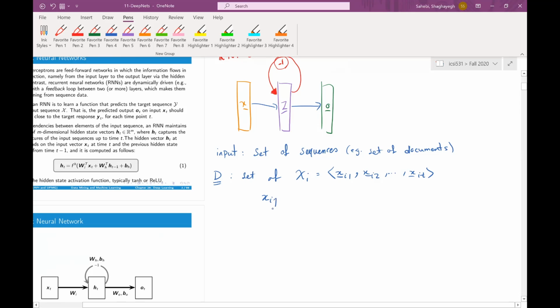Each xij that we have is the jth input vector for the ith sequence.